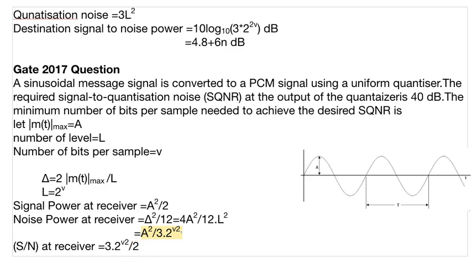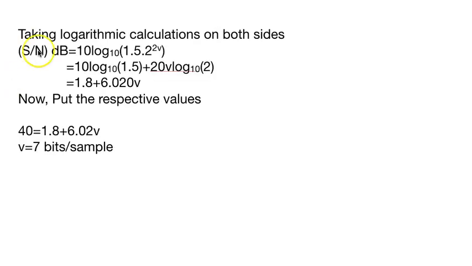SNR at receiver is this, and we take its logarithmic calculations and we get this value, that is 1.8 plus 6.02 into V. So you cannot say that for every other quantization formula that SNR is equal to 4.8 plus 6V.